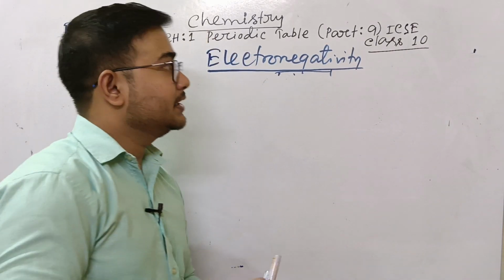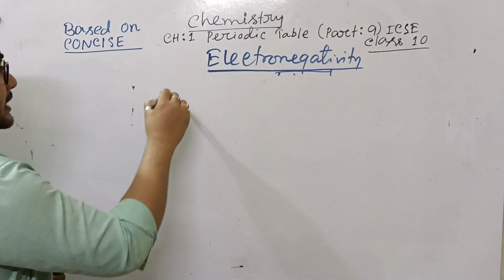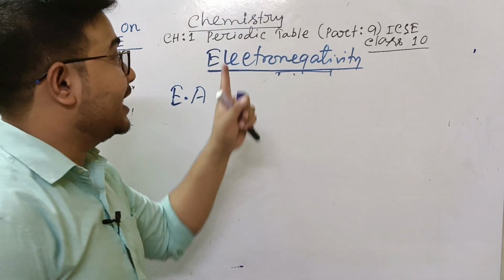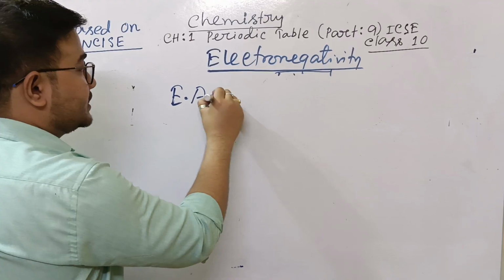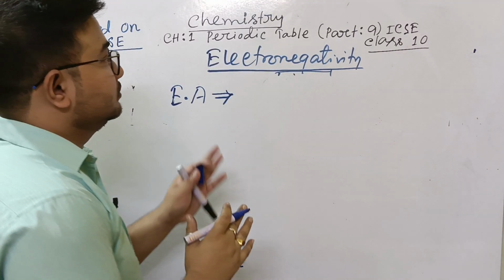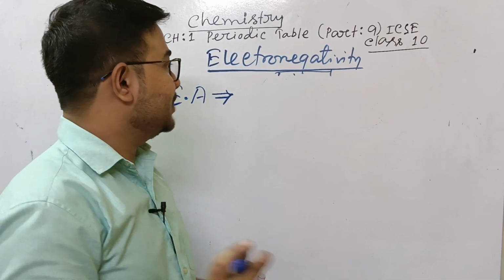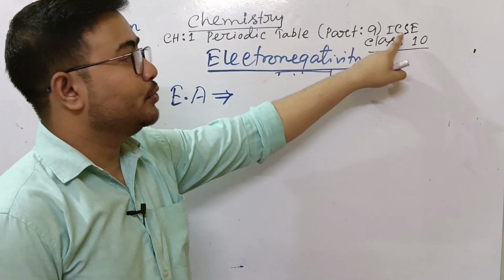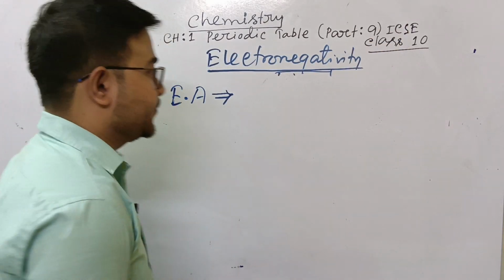In the last part, that is part 9, I discussed one concept, electron affinity. It is a very important and hard concept. So give focus here. If you watch this video, I confirm 100% you can clear this topic for your ICSE board. What is electron affinity?